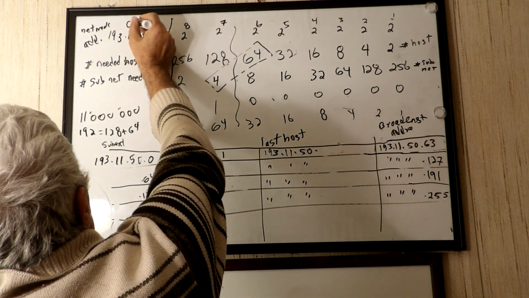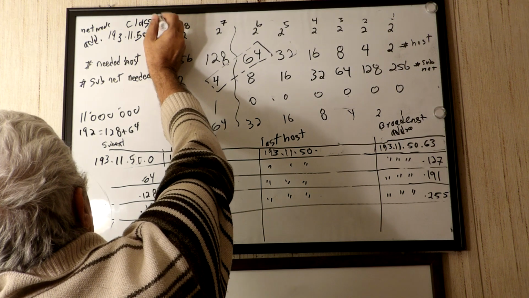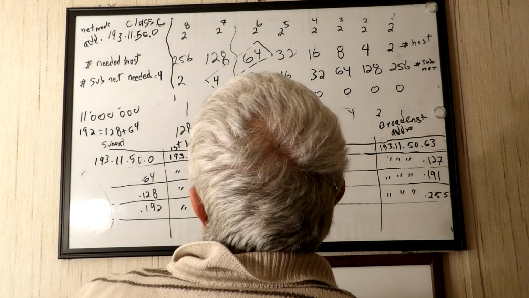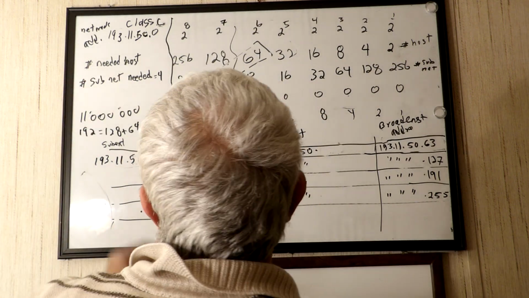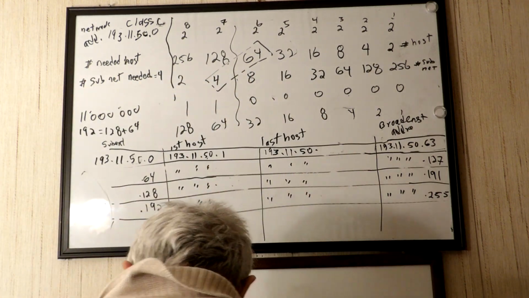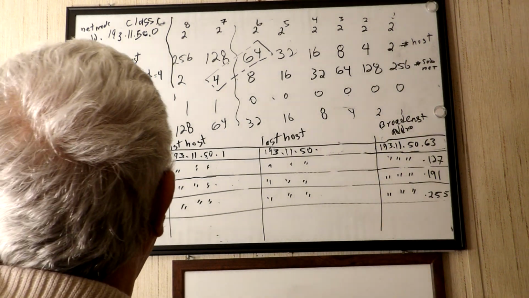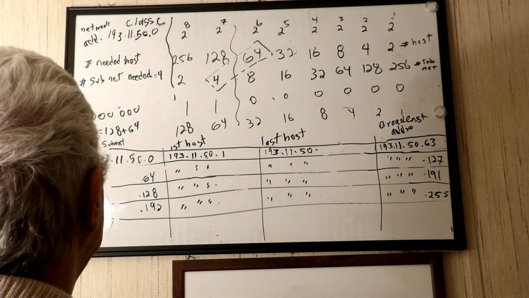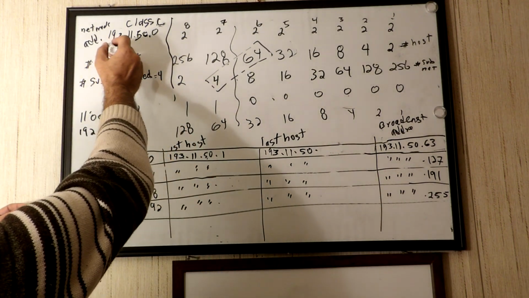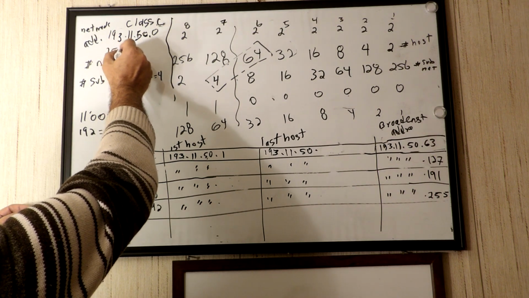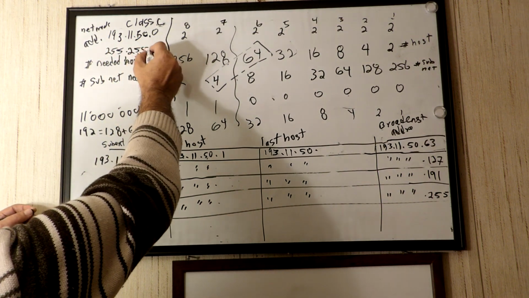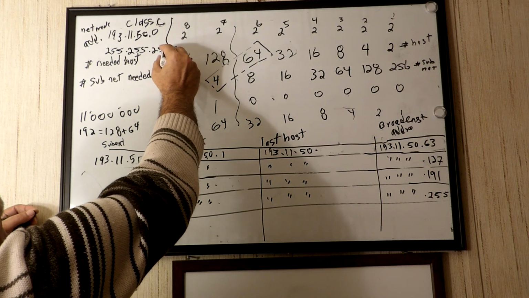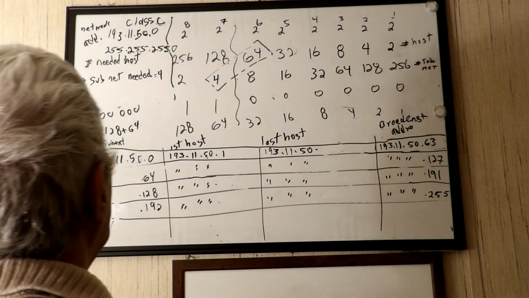This is a class A. I'm sorry, this is class C. It's class C, because we talked about the different classes we have: A, B, C, D, and E. Class C has the subnet mask 255.255.255.0.